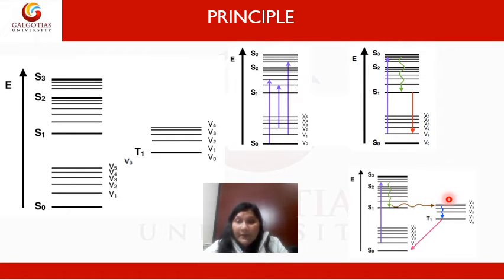Now what will happen? The electron is still unstable because the energy is still more than the ground state. The electron will tend to come to S0. So the electron will slowly change its spin again to come to S0, and during this process the electron emits energy in the form of phosphorescence.